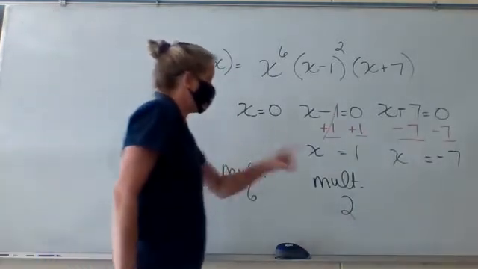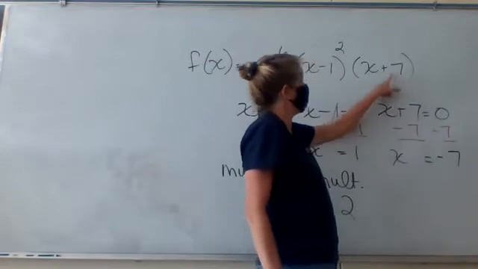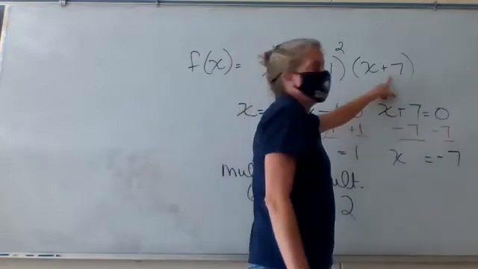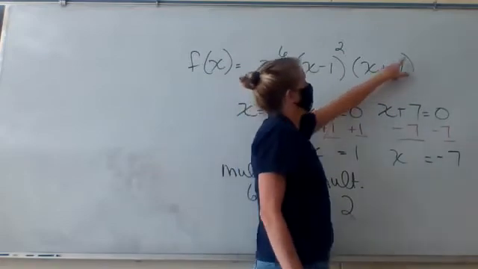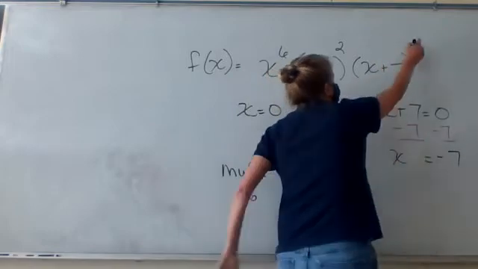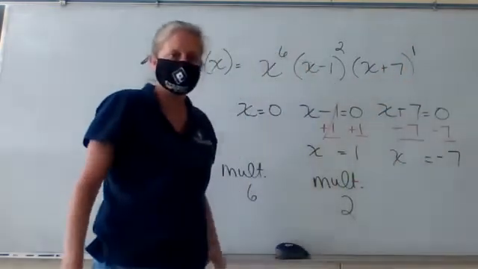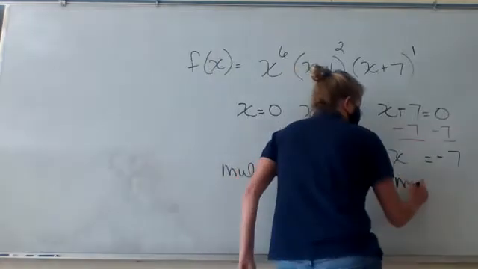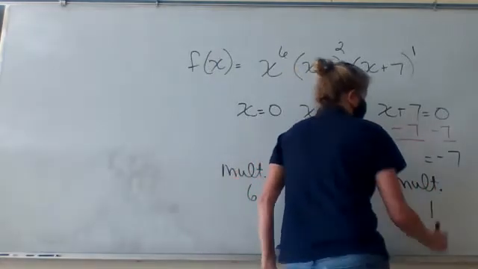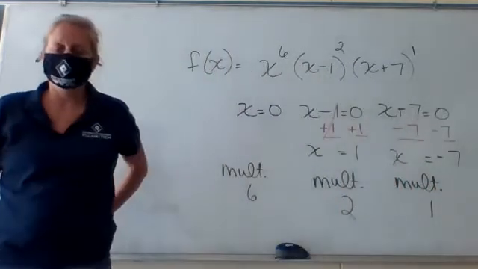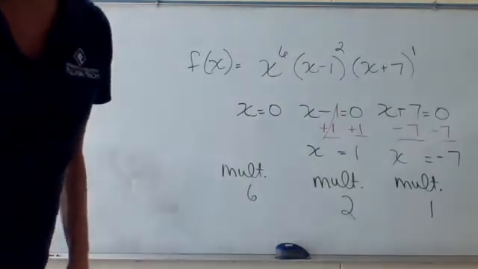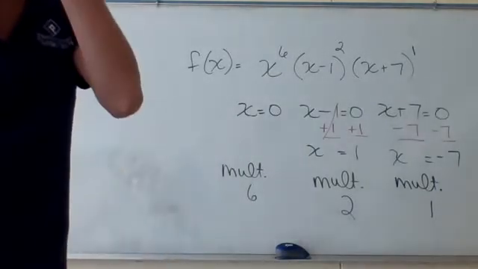And the last one, where did this 0 come from? It came from this factor right here, which means, what is its exponent? I just don't see it. If you don't see an exponent, it is automatically a 1, which means its multiplicity is 1.